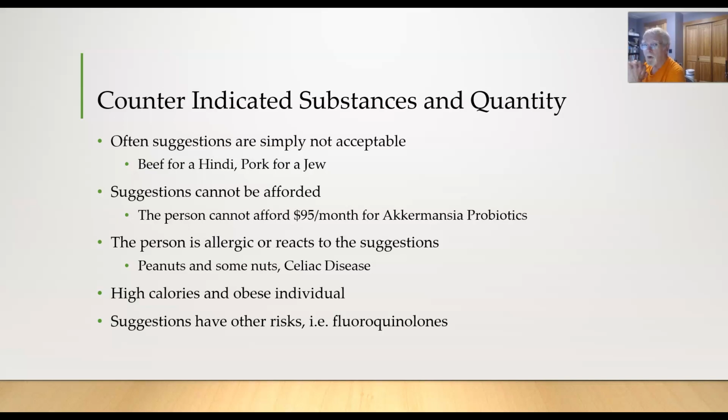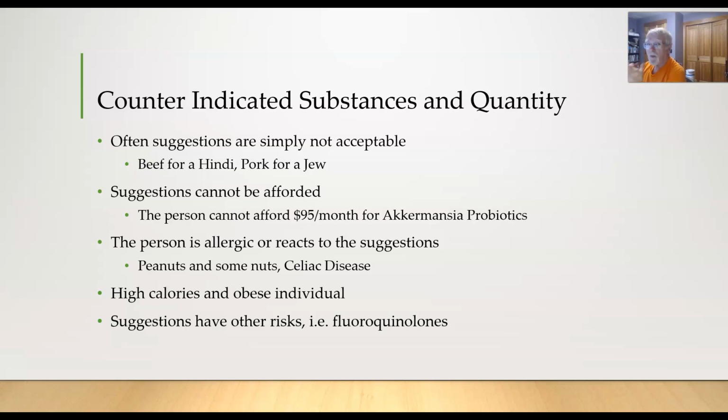For example, Multidimensional can become very expensive when you look at shipping costs. The person may be allergic or react to the suggestion, for example, peanuts and some nuts, or celiac disease. Or if the person has mast cell dysfunction, taking a probiotic that is a known histamine producer is just not acceptable. All those factors are not in the model.